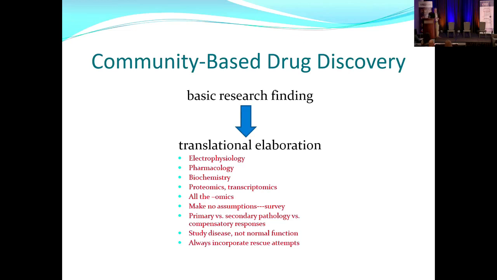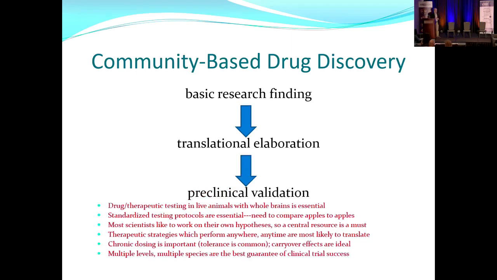Let's see. The next stage, of course, is preclinical validation. So now you've identified a treatment target, you've got drugs, maybe they're available drugs, maybe they're drugs in development, maybe they're just reagents that you order off the internet, but you've identified drugs that might actually fix this problem. You've got to do the testing in live whole animals with a whole brain whenever you're dealing with a brain disorder.